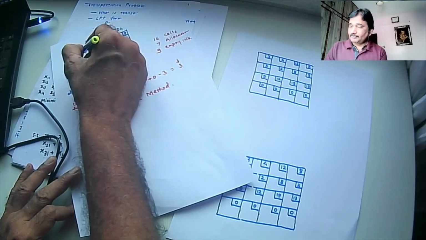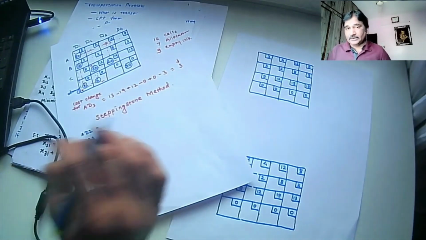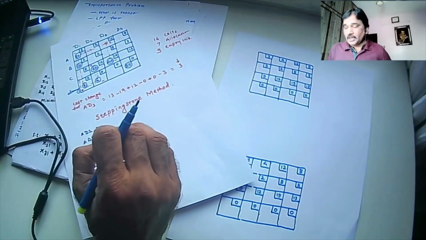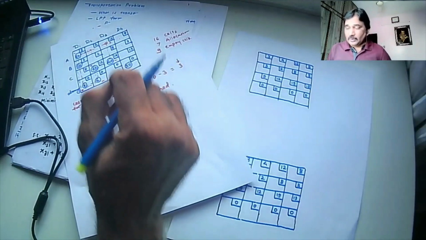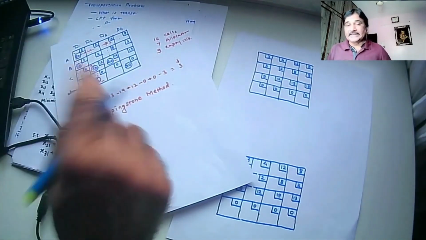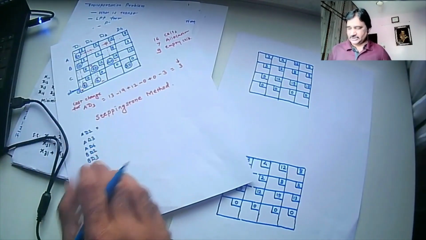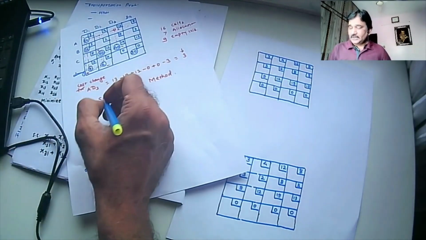Be sure that only one loop will be formed, and it will be formed if you have m plus n minus 1 number of allocations. So every additional allocation will definitely complete a circuit with other allocations, right? And it will be a unique circuit, right?